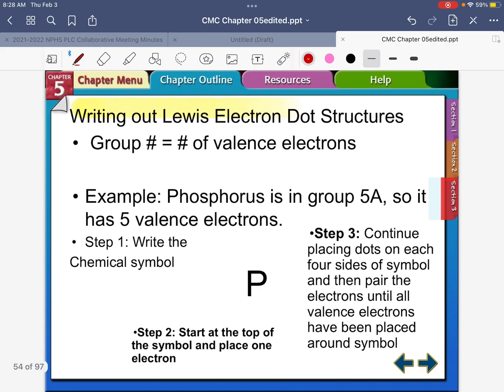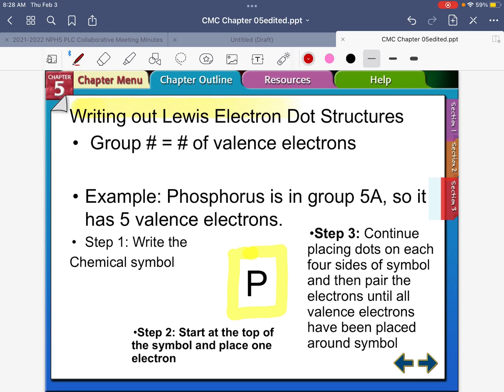So when we do this, if I'm doing this for the element phosphorus, I'm going to look for phosphorus on the periodic table. Phosphorus is in the group that has 5 valence electrons. It's not nitrogen's group. So the way that we do this is we imagine that there is a box around it. This box does not really exist though, okay? And the way that we do these is we place those 5 valence electrons, one on each side of the box.